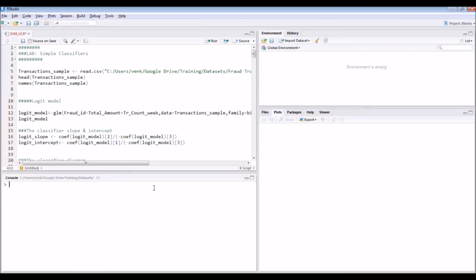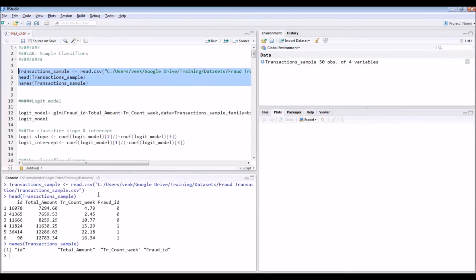So here is the data set. This is just simple transaction data where transaction amount is there, transaction count per week is there, and whether it is fraud or not fraud ID is there.